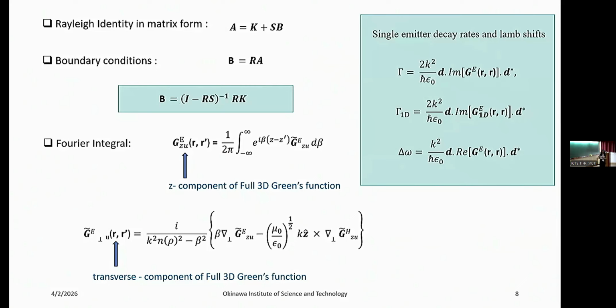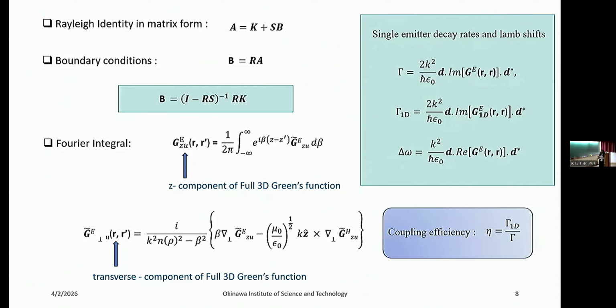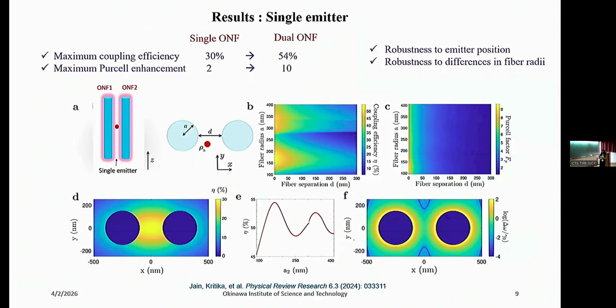So, gamma is the total decay rate, which is given by the imaginary part of the Green's function elements, and gamma 1D is the guided part of the decay rate, and delta omega gives us the Lamb shift, which is given by the real part of the Green's function. So using this gamma and gamma 1D, we can calculate our coupling efficiency. So now we have this formalism in hand.